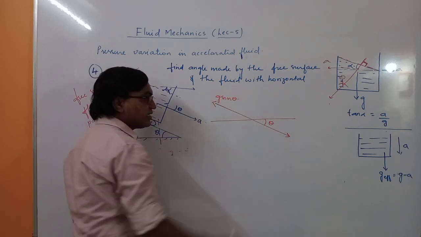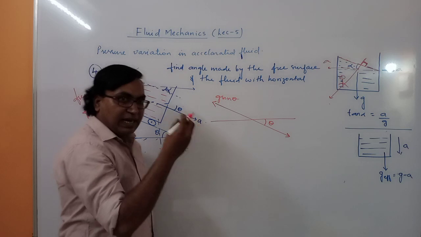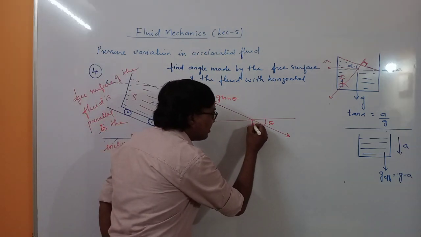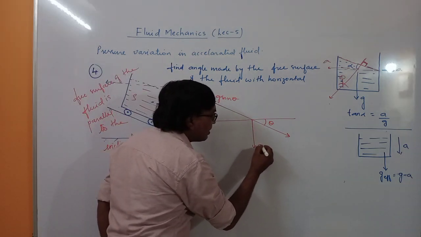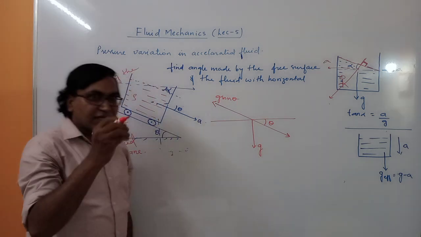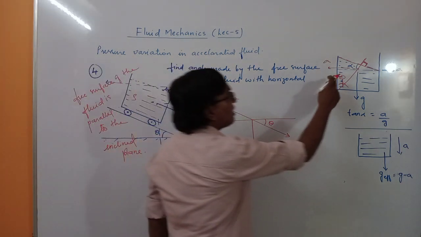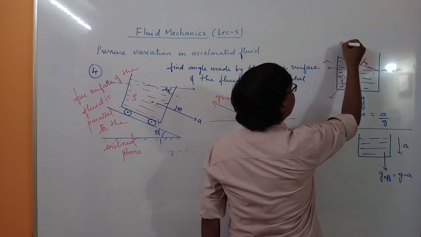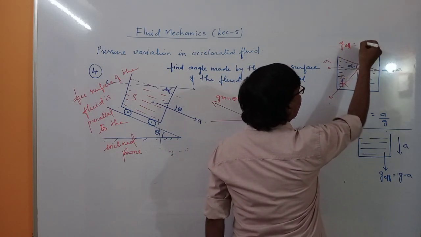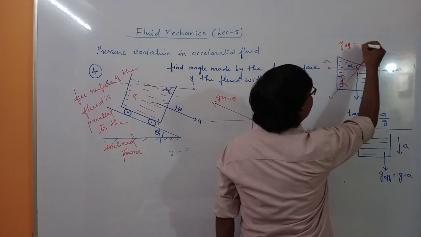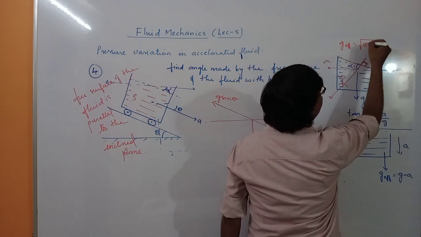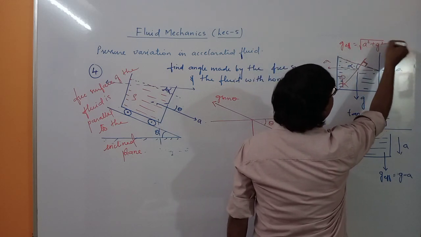So instead of taking this acceleration, we will consider the acceleration along this direction, that is g sine theta. And another acceleration is the acceleration due to gravity, that is g. Let us find out what is the net acceleration. So here the effective acceleration was root of a square plus g square.